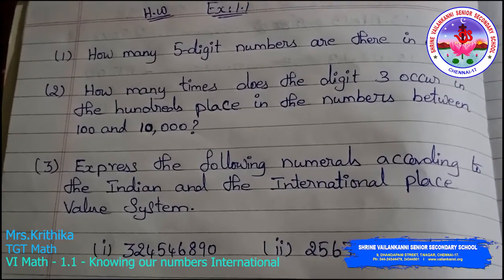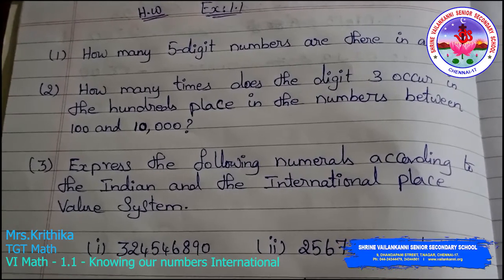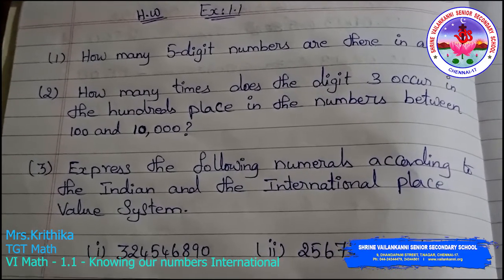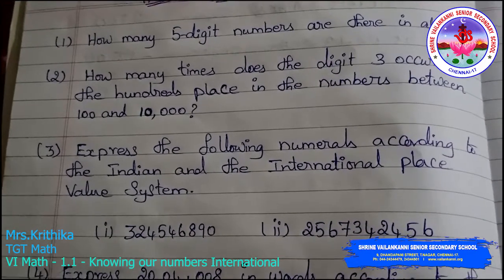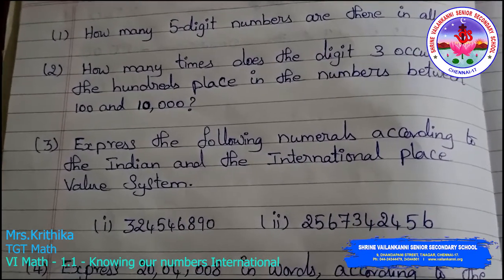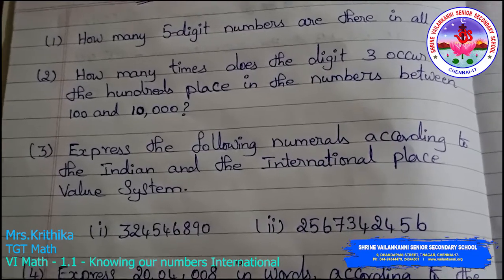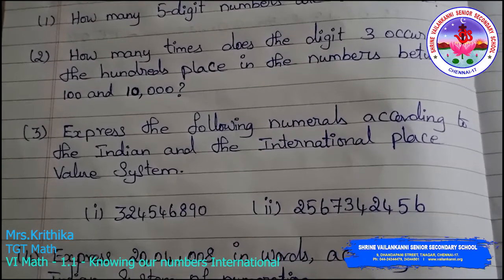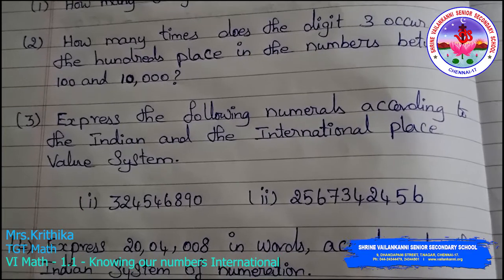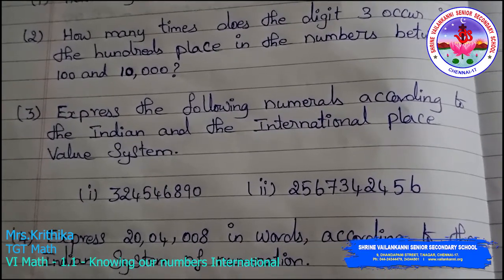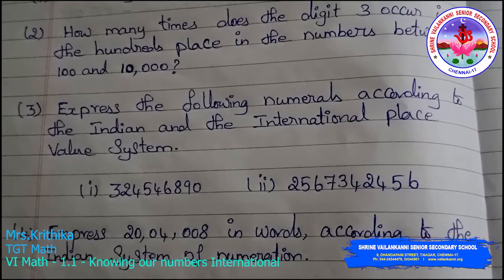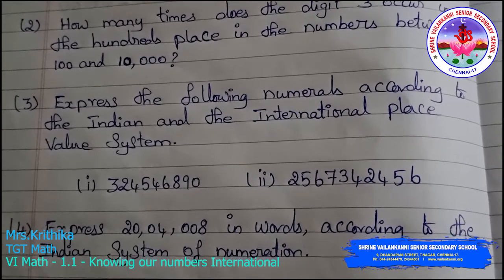Third question, express the following numerals according to the Indian and international place value system. First is 324546890. Second is 2567342456.